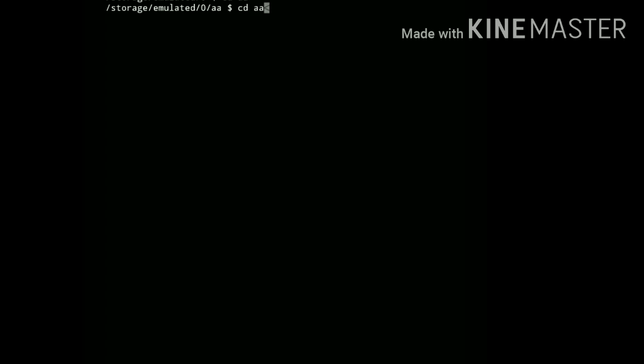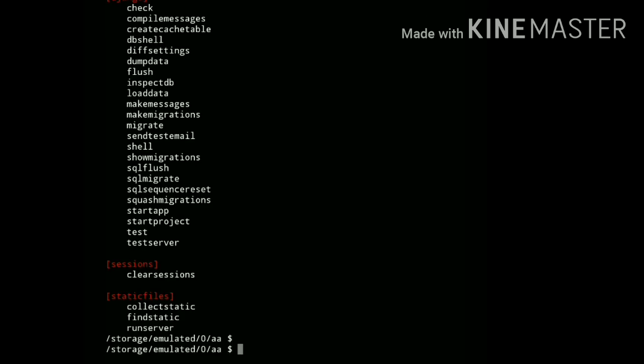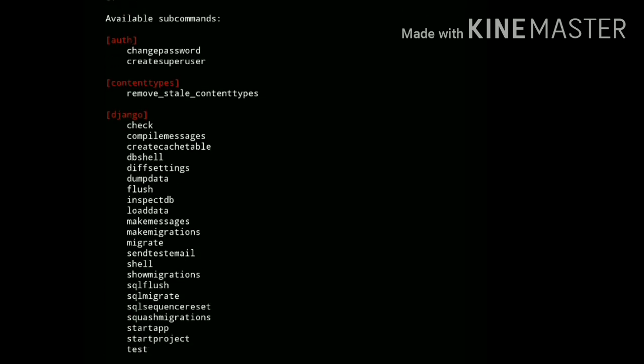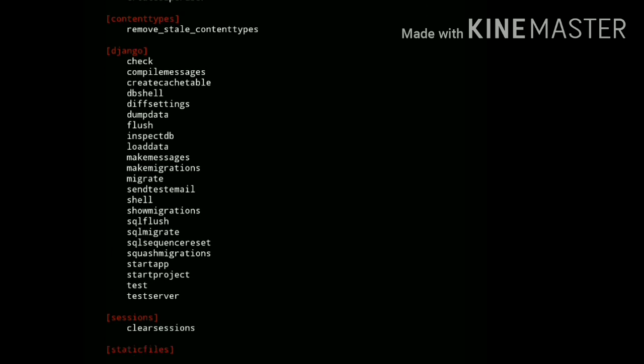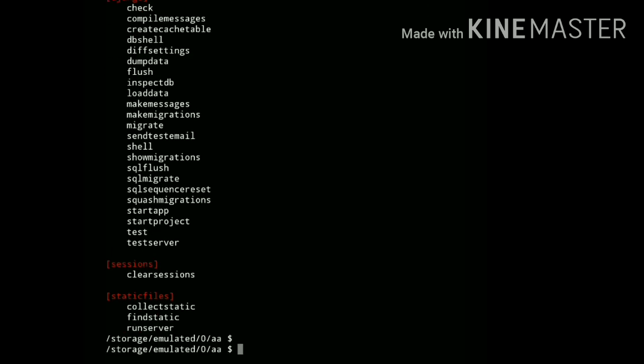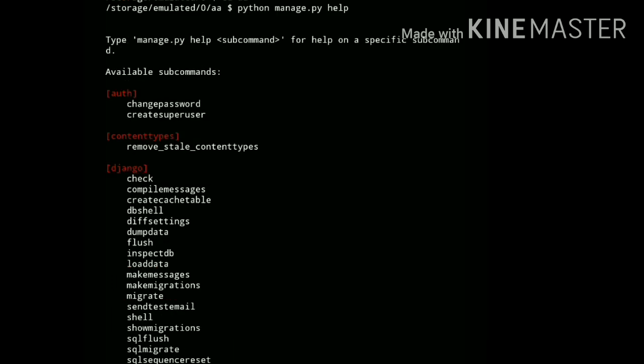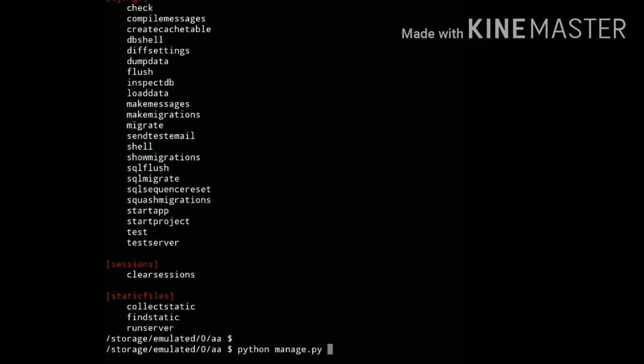Now we have to do one last thing, that is we have to migrate these things, to connect our file with the database. Before this I'm going to show you the number of commands using the help command. Here you can see we have used sqlmigrate and runserver and so many others, and here we are going to use the migrate command, python manage.py migrate.